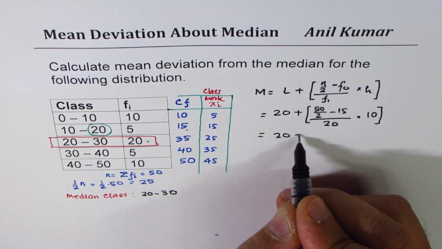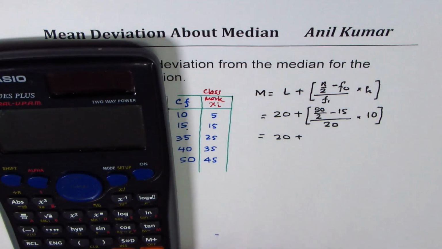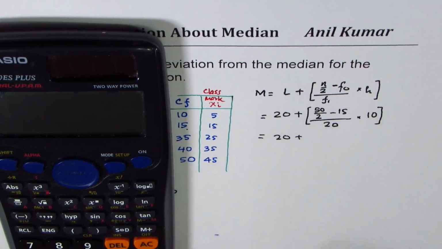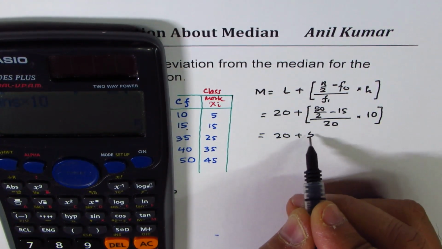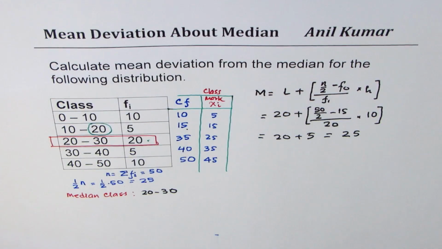So it is 20 plus, let's calculate this value. So it is 25 minus 15 divided by 20 times 10, which is 5. So it is 25, correct?